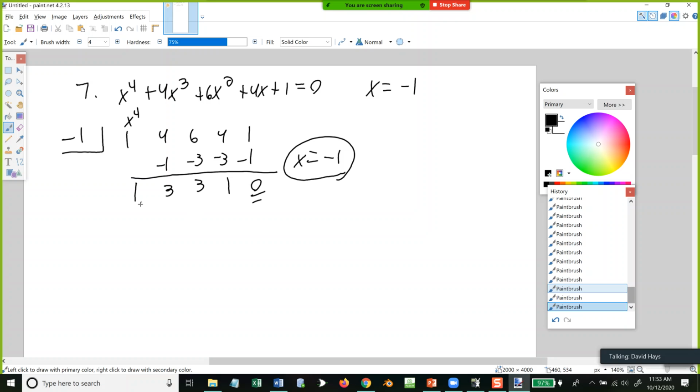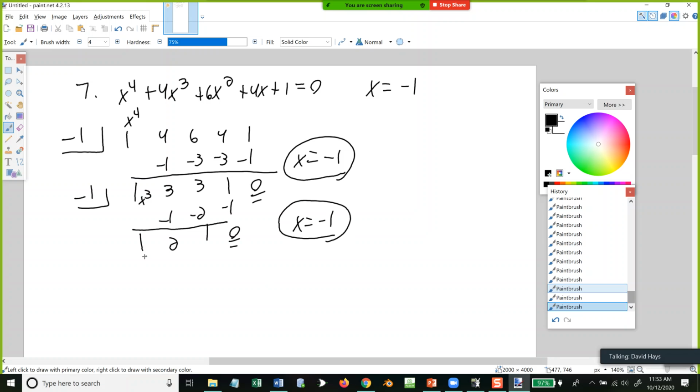And now we're down to x to the 3rd. Since our answer repeats, we're going to try -1 again. So add, multiply, add, multiply, add, multiply, add. We get another 0. So that means our second answer is x equals -1.